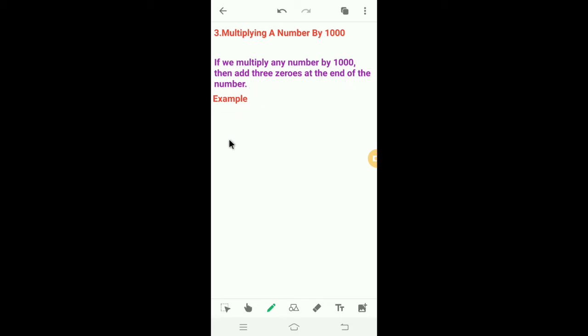For example, 212 into 1000 is equal to, write given number as it is. After that, add 3 zeros at the end of the number.